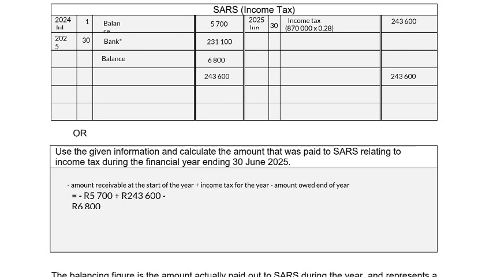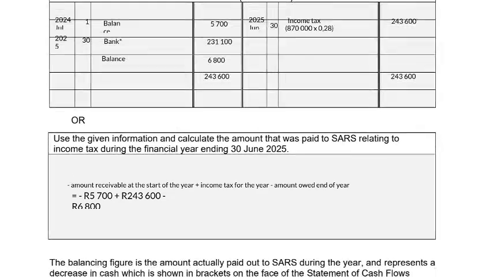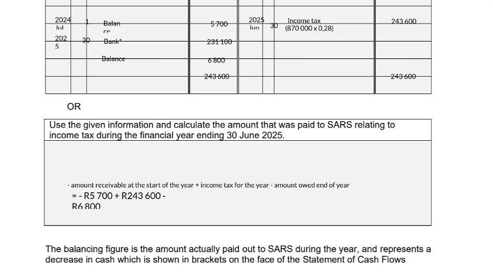So negative 5,700 plus 243,600 minus 6,800 gives you 231,100 Rand paid to SARS during the year. The balancing figure is the amount actually paid to SARS during the year and represents a decrease in cash, which is shown in brackets on the face of the statement of cash flows.